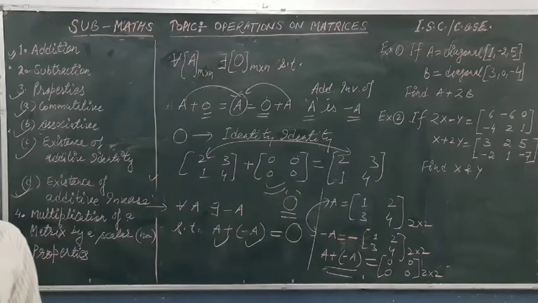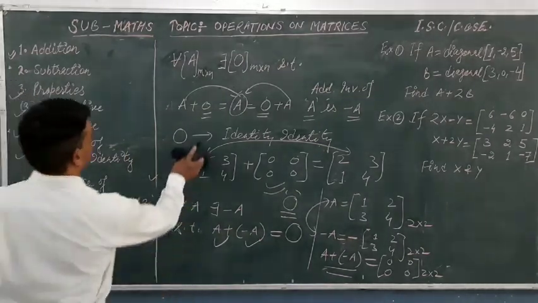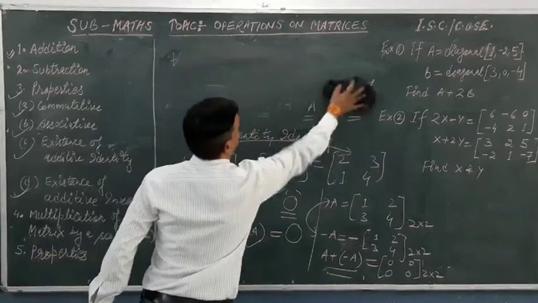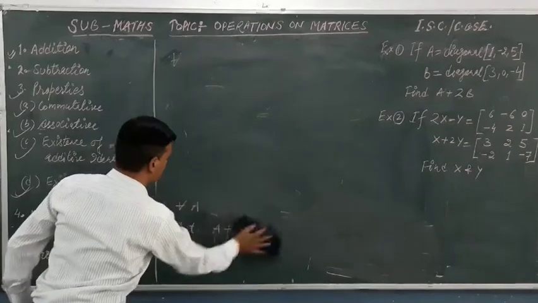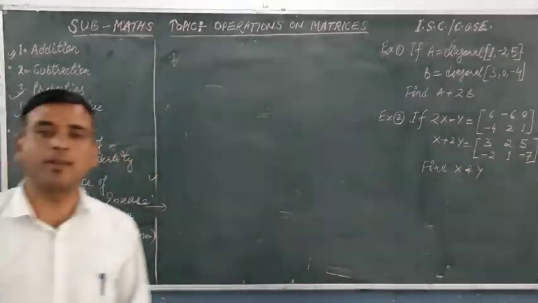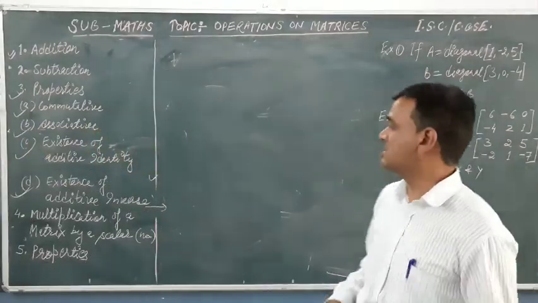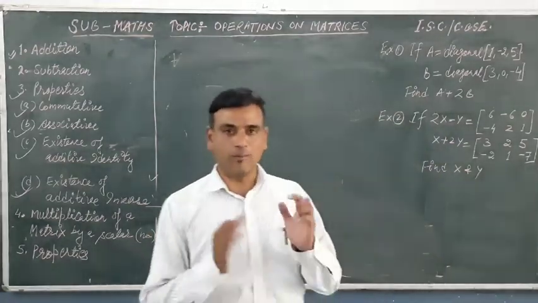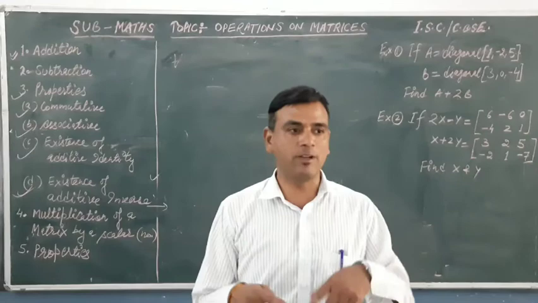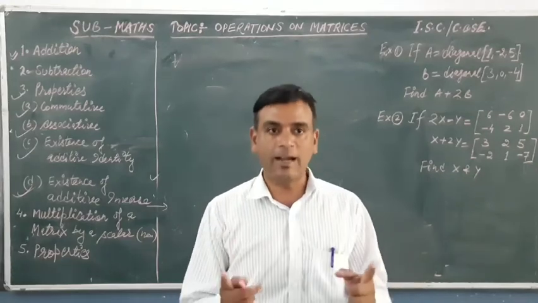Now come to the next point, that is scalar multiplication of a matrix with a scalar number. It means when we multiply any matrix with a scalar, or you can say a number, the corresponding elements will be multiplied with that scalar, and we will get the resultant matrix of the same order.